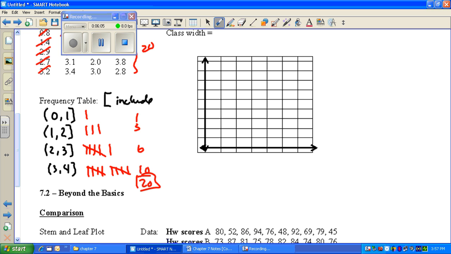So we're going to start from 0 to 1 to 2 to 3 to 4. And in my first bin here, I have a total of 1. And in my second bin, I have a total of 3. So you can see how many are falling in there, but not their value.